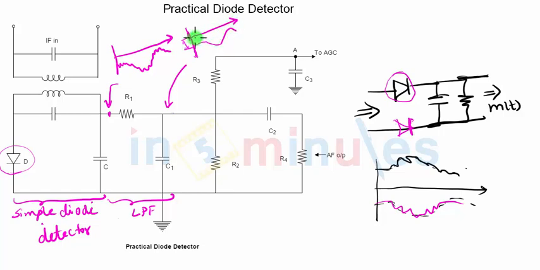For that reason, we have this capacitor C2, which is the blocking capacitor. It will block the DC signal and only allow the AC part of the modulating signal to go to the load side, which is in the form of R4. So if I draw my waveform at the output of C2, let's see how it will look.